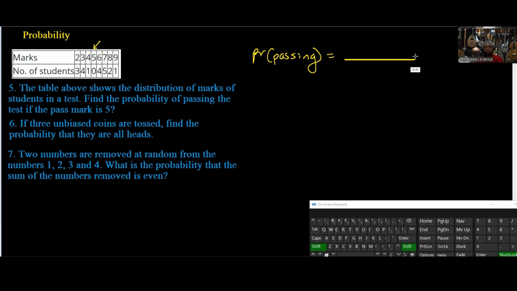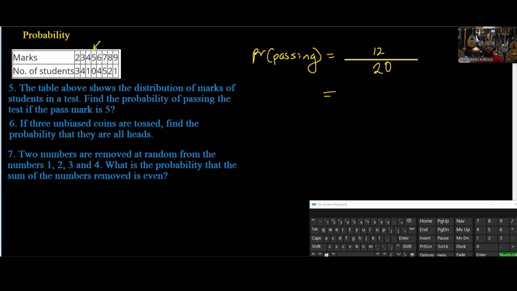So this will be how many people scored 5 and above. We're going to add that population together: 5 plus 4, that's 9, plus 1, that's 10, plus 2, that's 12. Then over the total population, which is 12 plus the remaining figures here, which is 3, 4, 7, and 1, that's over 20.